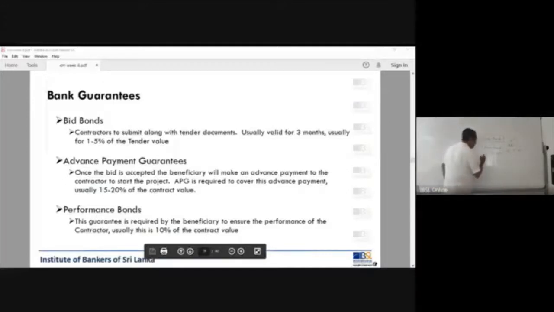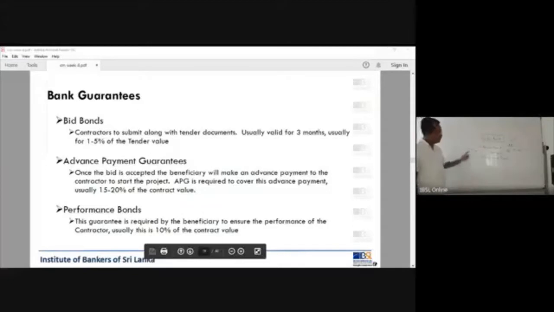Then the third type is performance bond. I told you it has to be a 4-lane road, 30 meters, 280 kilometers. I can't remember the kilometers. Thickness of the tar layer, 2 feet.